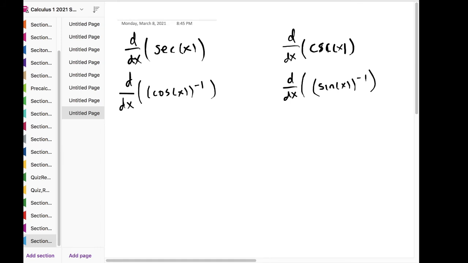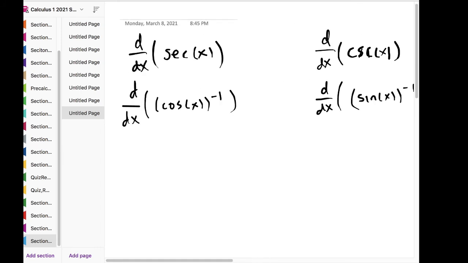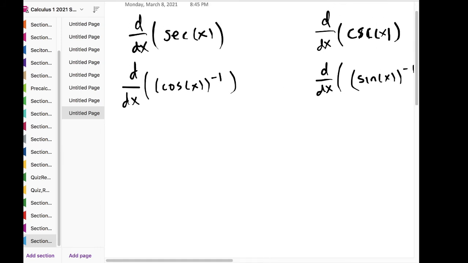So let's use the chain rule to find the derivative of secant. Last time we did it as the derivative of a quotient, but I think it's actually easier to think of it as a chain rule. Okay, so what's my f and my g here? What's the inside function?